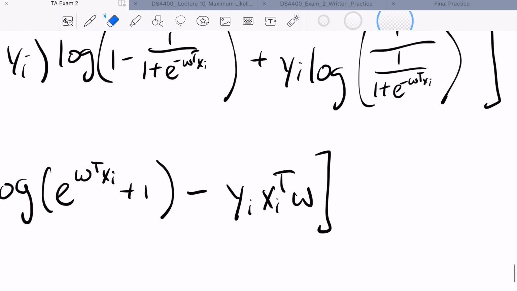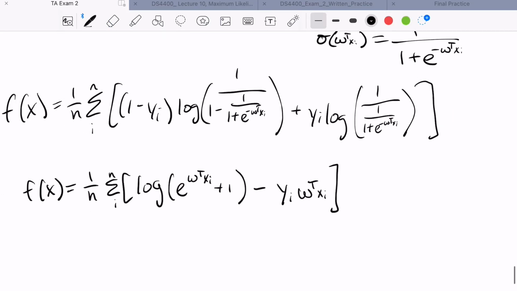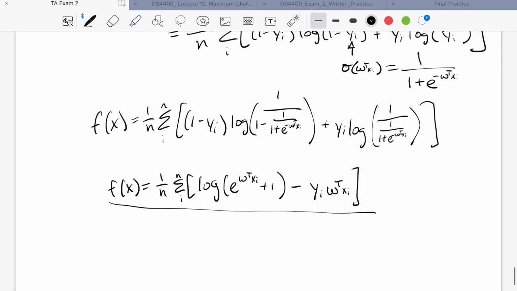Actually, to be consistent, it is the same thing. So that's our final objective. If you want to see the steps that go from here to here, I recommend looking at the lecture slides.